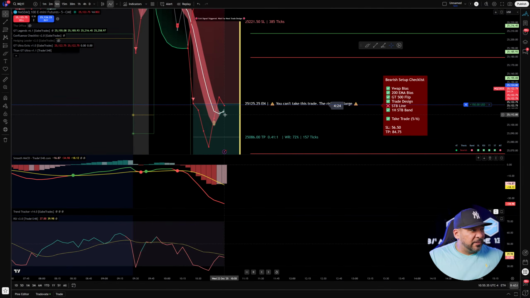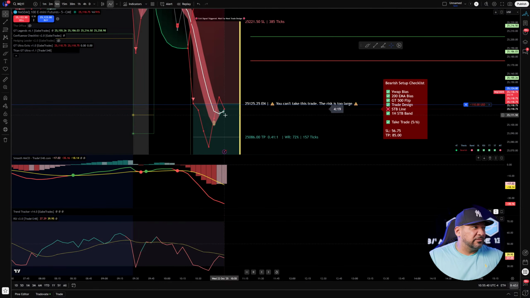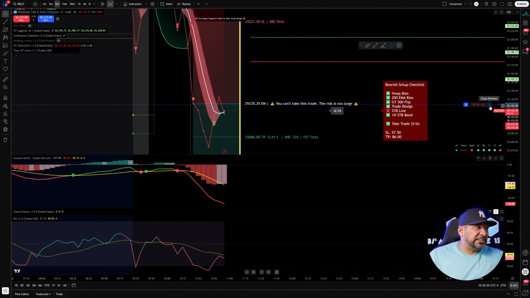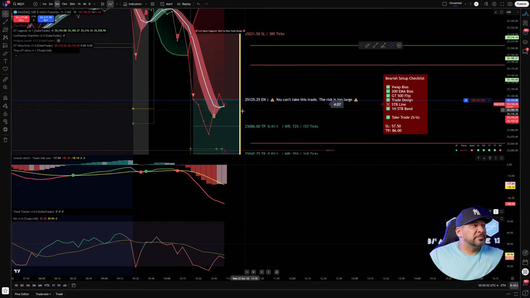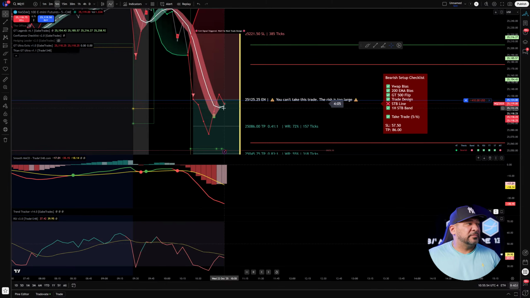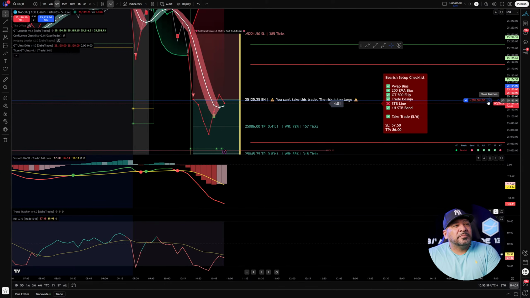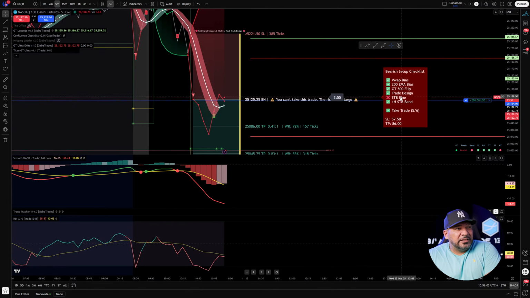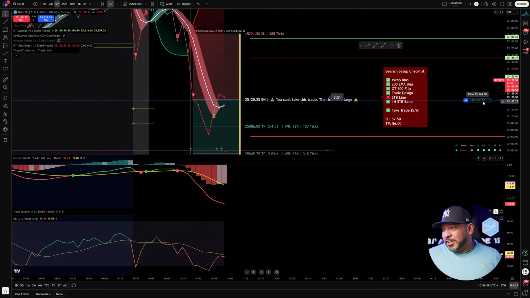It breaks the other side of that band and I'm wrong. There you go. It closes the other side of that band, I'm wrong. We got a green band. Nice, okay. All things looking good. I'm green here. That's all that matters.